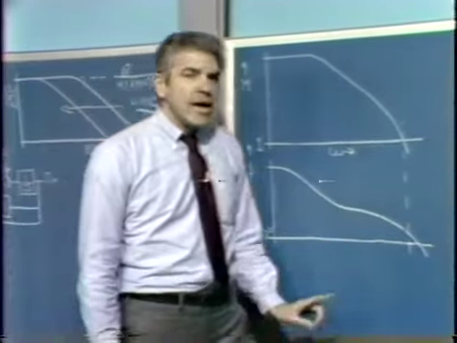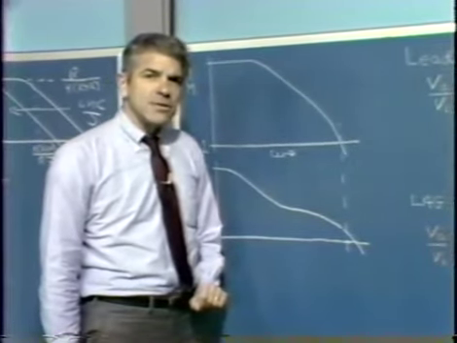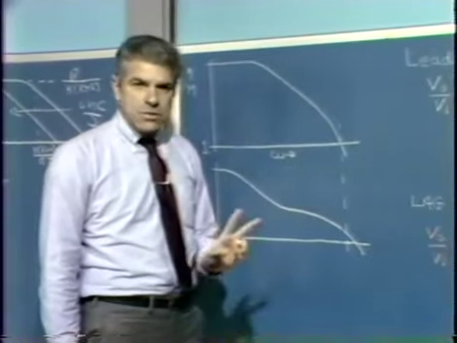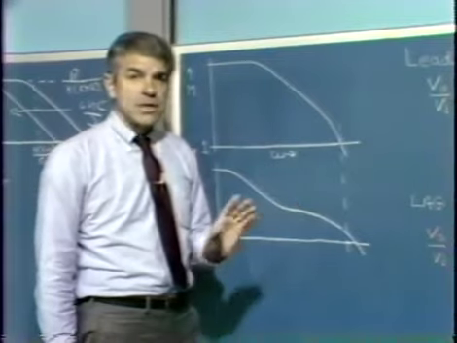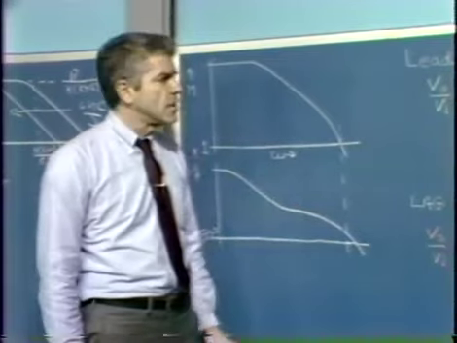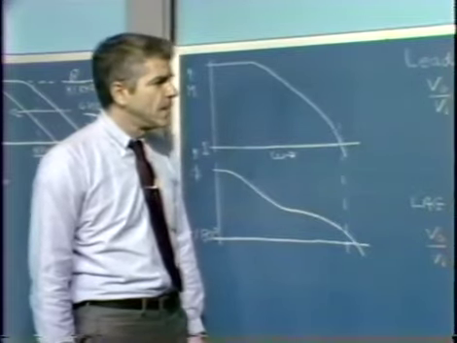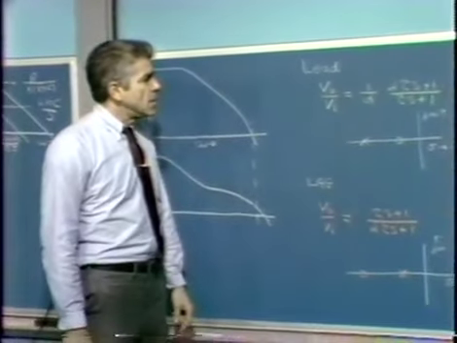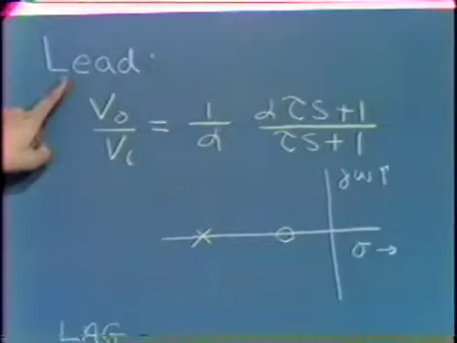But we do have some degrees of freedom, and in fact, the simple transfer functions that work in this direction are those that include pole zero doublets. A single pole and a single zero are the simplest forms of transfer functions that go in this direction. One of the transfer functions that we're interested in, and that we can use to improve the performance of feedback systems, is called a lead transfer function.